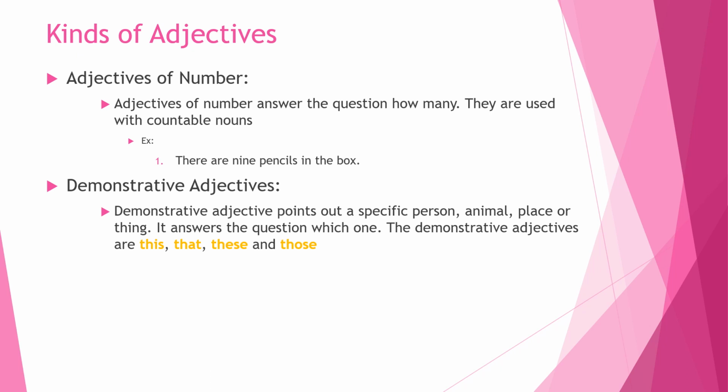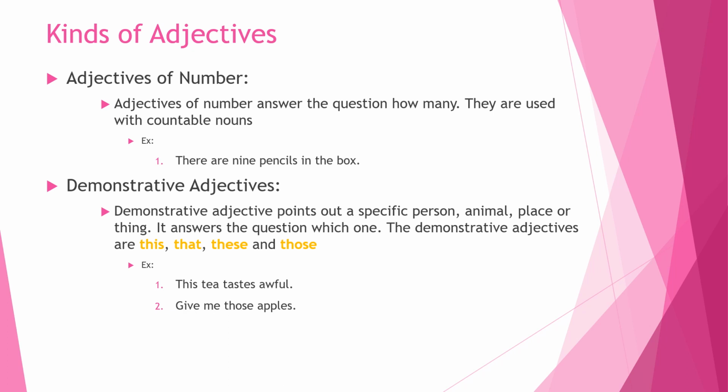In this example, this tea tastes awful. We are pointing to a specific tea which is in front of us, that is this. So, this is a demonstrative adjective in the sentence.